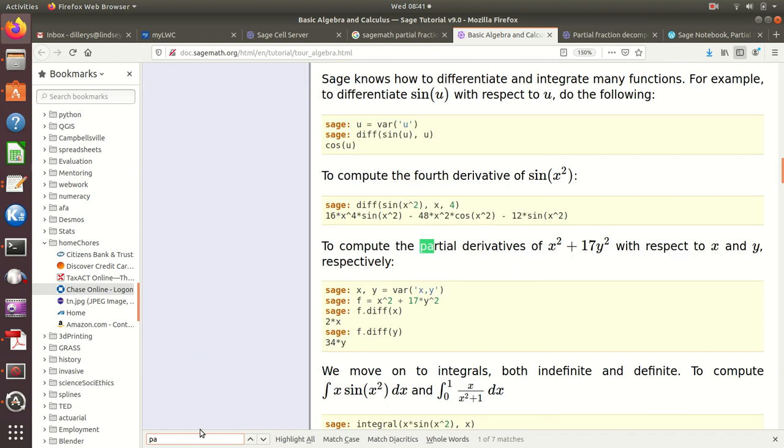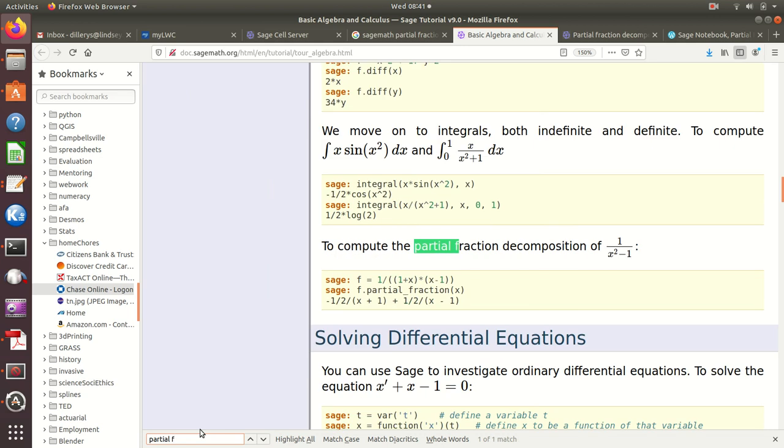So I type in partial derivatives, partial fraction. Okay, to compute. So I missed it, but here it is. So I should have been able to, you know, this is where I went first. They just have this one little line in there. I didn't see it, and so I went ahead and just looked at another page, but there you go.